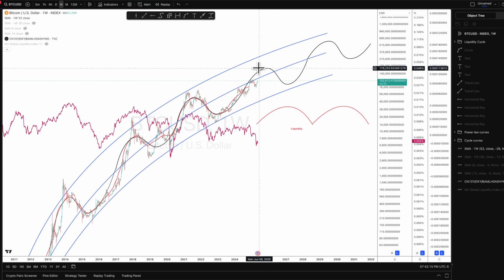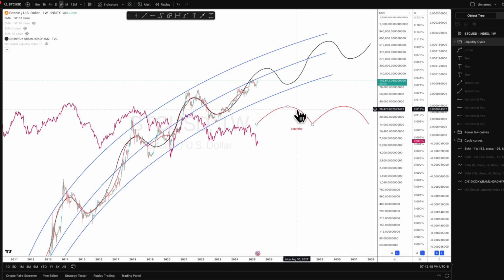Everybody's expecting the cycle to have about a Q4 of 2025 peak, right about here-ish. But given that liquidity is going to keep expanding, we could push that Bitcoin peak out into Q1, Q2 of 2026. And then interestingly enough, for the first time, the Bitcoin cycle will be 180 degrees out of phase from the liquidity cycle.